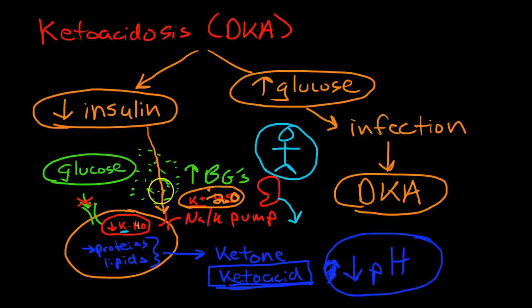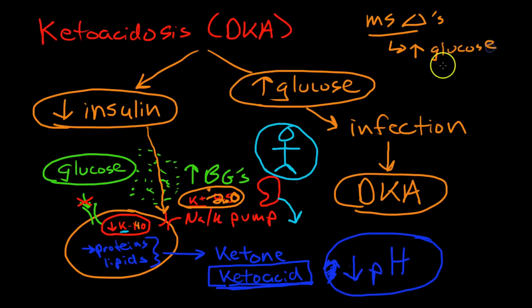Okay, so what are the other effects? One of the effects of ketoacidosis is mental status changes, and this actually happens with ketoacidosis and another condition called non-ketotic hyperosmolar coma. And this is primarily due to increased glucose levels, increasing the osmolarity of our blood. We have so much glucose going around, and I've seen people with glucoses up in the 900s.